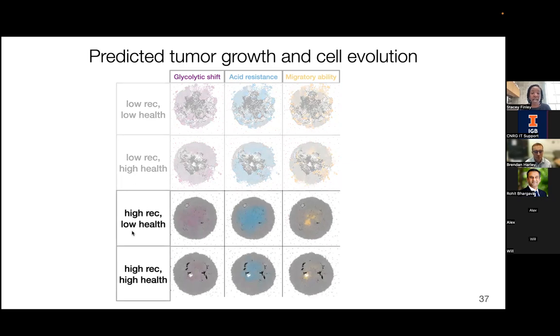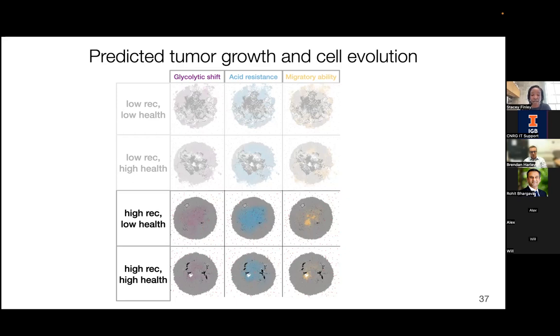We can also look at what happens when you have high recruitment rate, either for low health vessels or vessels that have high health. And this further demonstrates how the cells that are evolved to have greater glycolysis or greater acid resistance or higher migratory ability, even though they have this higher migratory ability, because of the high recruitment of the vessels, that really constrains the cells and retains them in this circular morphology.